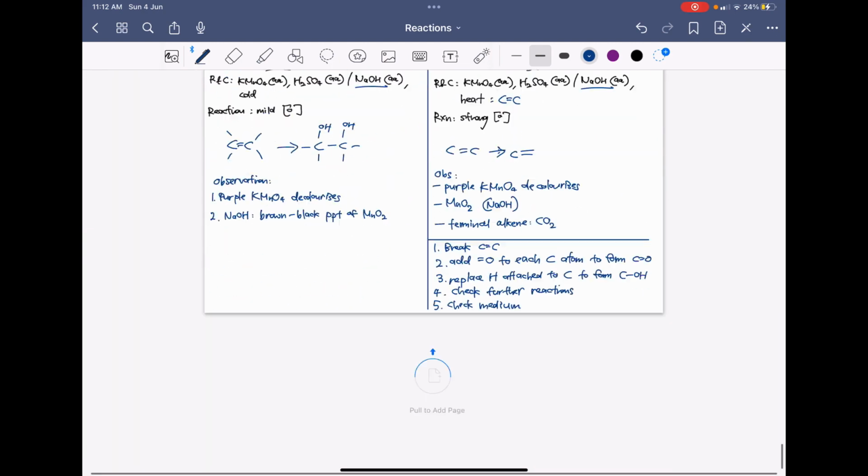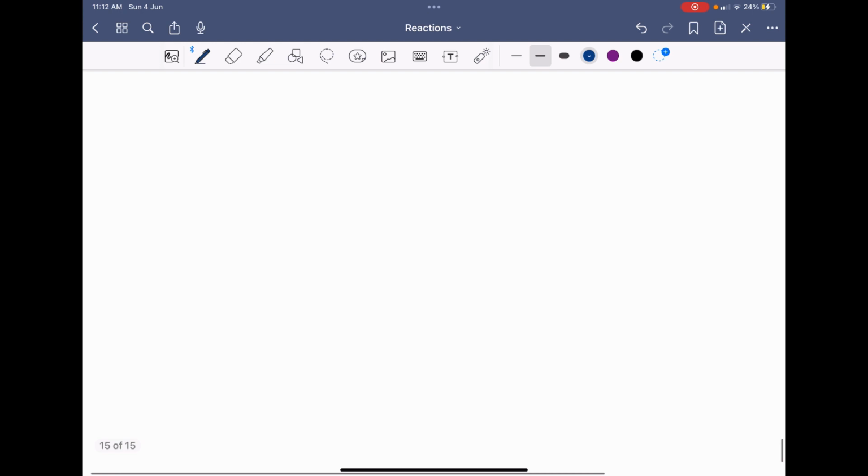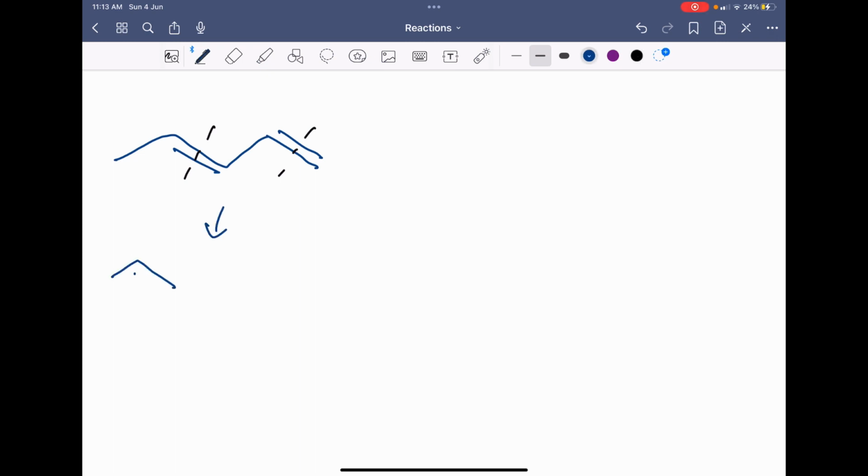So this may sound a bit confusing, but let's break it down, okay? So for example, we have, okay. So step 1, we cleave the C=C bond. Okay, so then our products would be, right?